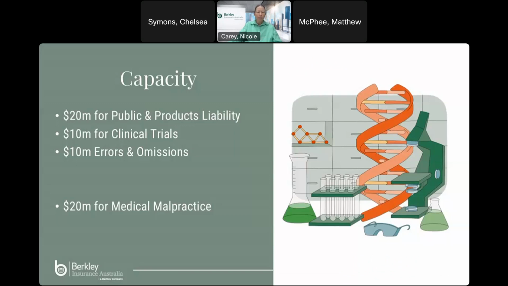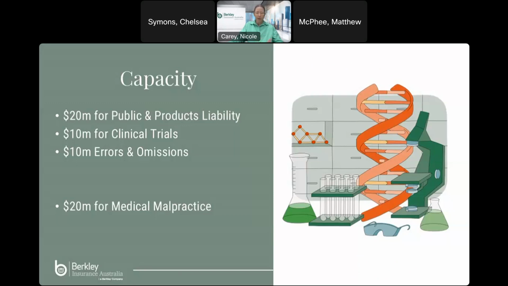Our capacity at the moment for the public and products liability is 20 mil for the GL, 10 mil for clinical trials, and 10 mil for errors and omissions coverage. That is specific to the life sciences wording. If it's a product that will fit under our standard GL, we've got 50 mil capacity for that.